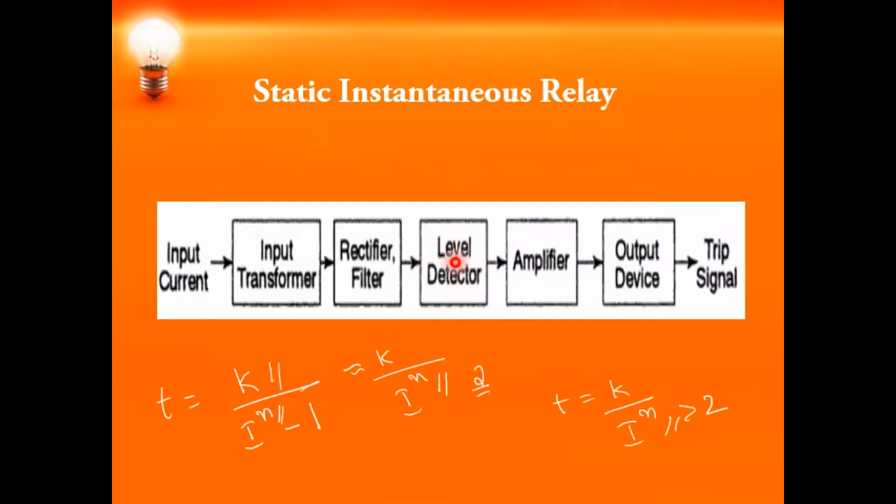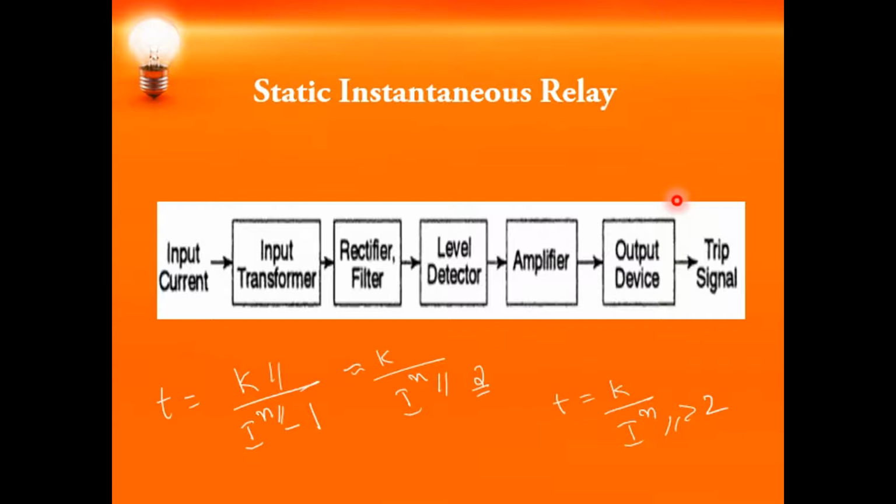So if, on comparison, our output of the rectifier is exceeding the preset value or a pickup value, then it sends a signal to the amplifier, and the amplifier will give it to the output device, which in turn will send a trip signal to your circuit breaker. So this is how an instantaneous overcurrent relay will operate.